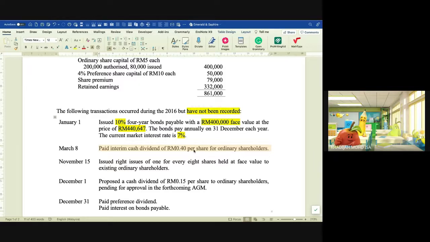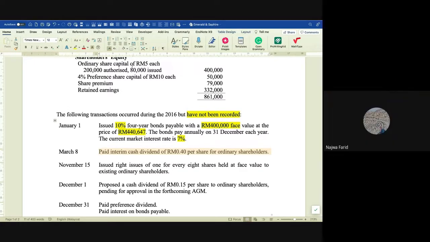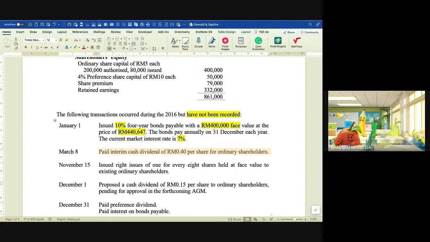How much is the issued ordinary shares? 400,000, but you want to know the number of shares. So you have 80,000 ordinary shares issued, because for each of the shares issued, there is a 40 cent dividend.